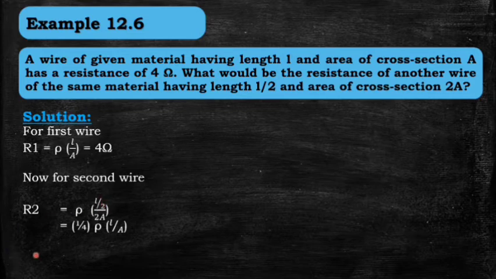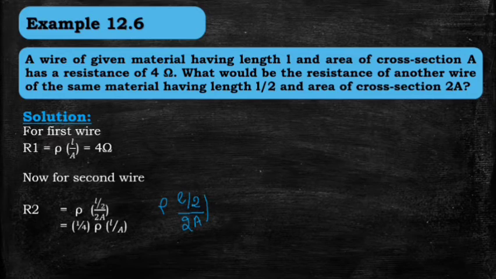After solving this, for the second wire, it will be rho into L divided by 2, divided by 2A.